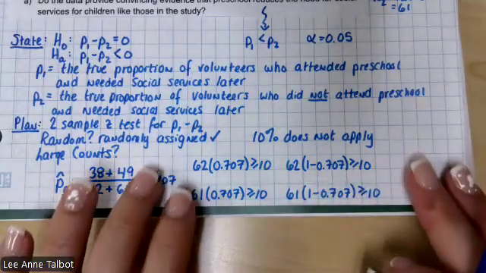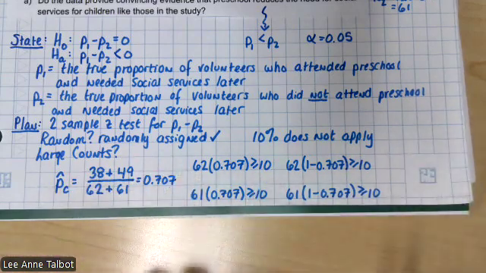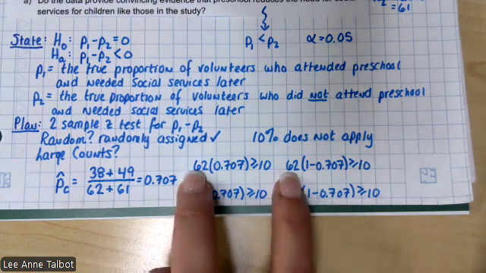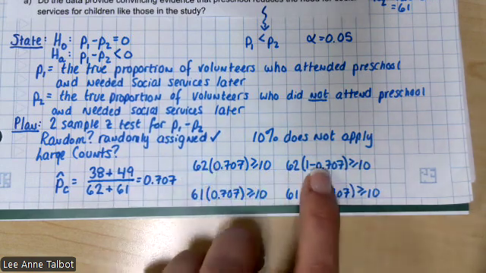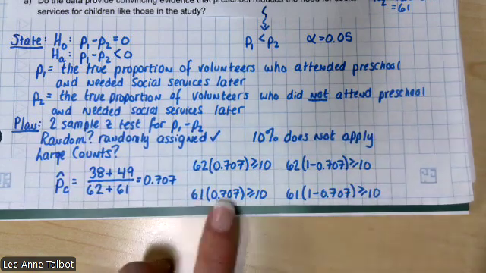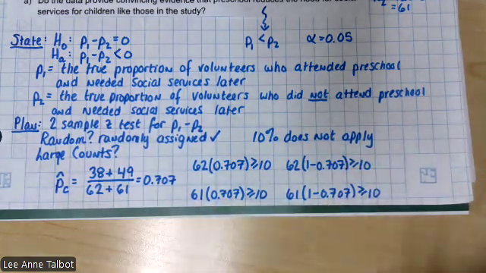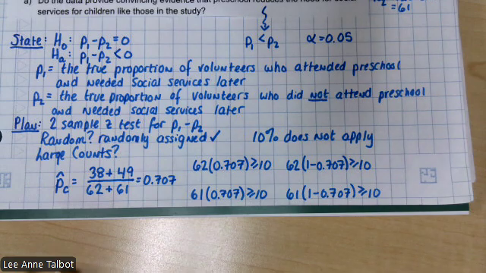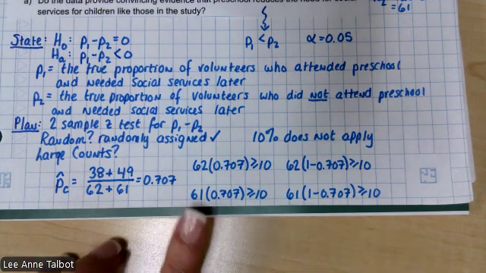You guys know where this came from? You do? So first sample, n times p, n times 1 minus p. Second sample, n times p, n times 1 minus p. Okay, anyway, do you guys trust me to get the numbers from my previous calculations?